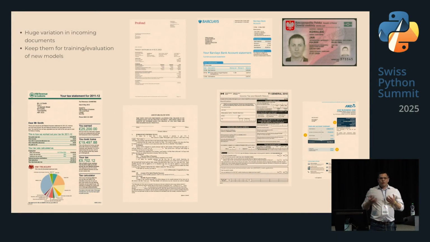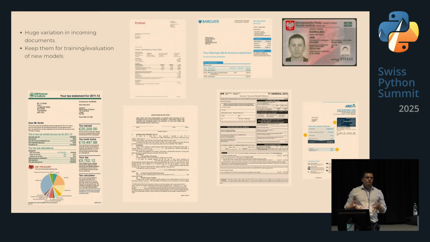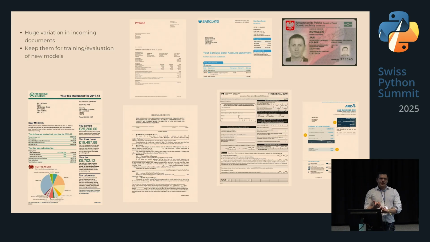Now, I want to get across why this data is so important. Let's say you work in mortgages, so you're a bank that takes mortgage applications. If you've ever applied for a mortgage, you've got to supply bank statements, mortgage statements for previous mortgages, pension certificates, ID cards. I know we're based in Switzerland, but people move here from Germany, from Poland.